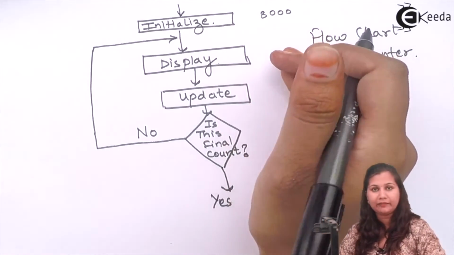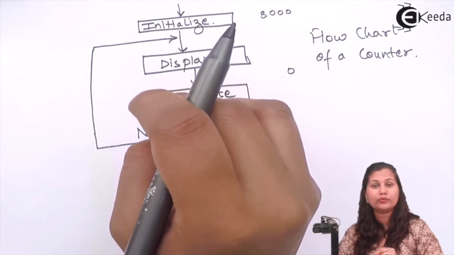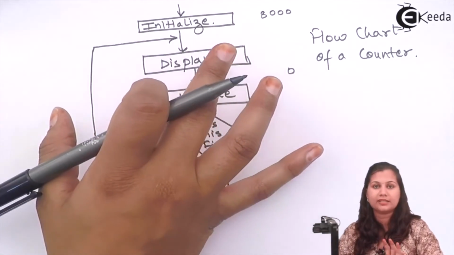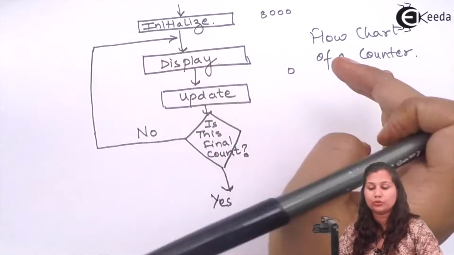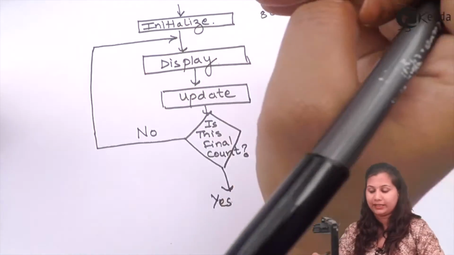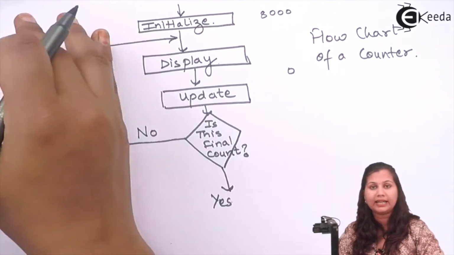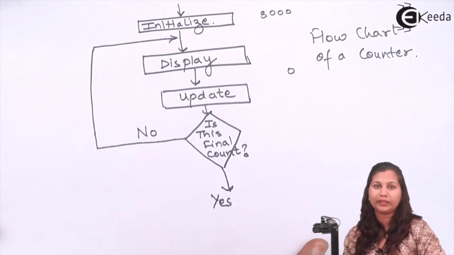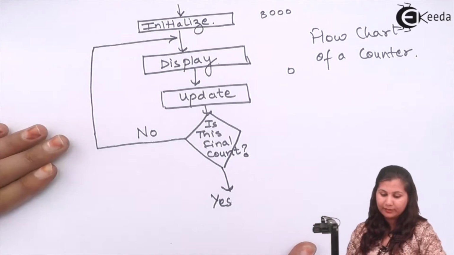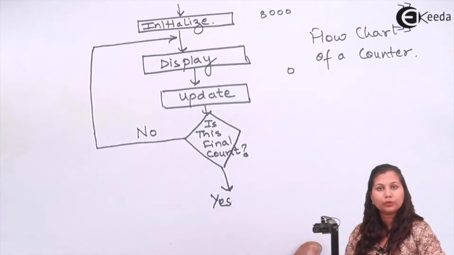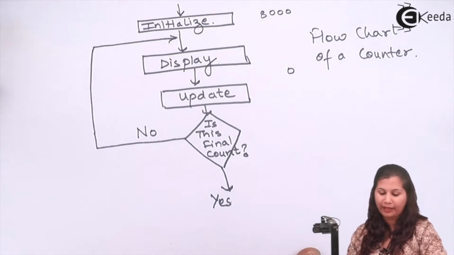We are decrementing every time, and within a second we see that the final count has been achieved and it's zero. We are not going to see every time that it has become 8,000, then 7,999. Every step we are not going to see. So this is the major drawback in the counters, that we are only able to see the final count value.